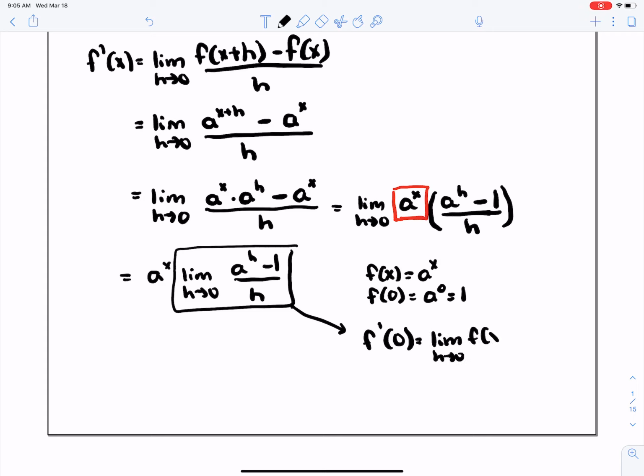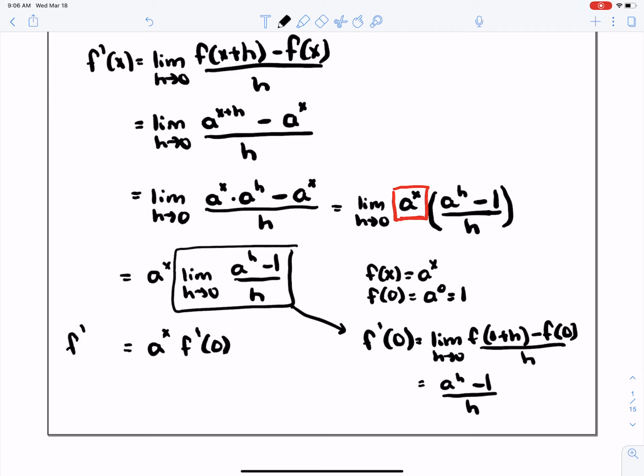This would be f of x plus h, where our x would be 0, so we can put 0 in for x, minus f of 0 all over h, which is exactly this expression that I'm replacing with f prime of 0. So this limit becomes a to the power of x times f prime of 0, depending on whatever that value is. So this is representative of the derivative of a to the x.